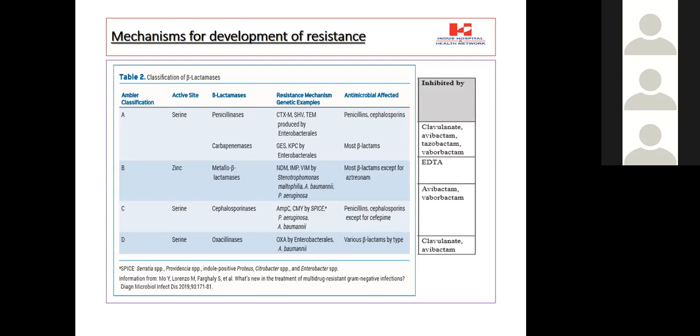Then we have the class D, is some resistance to some beta lactamase inhibitors itself also. यानी कि इसमें बीटा लैक्टमेज इनहिबिटर की जो कॉम्बिनेशन है उसके साथ भी रेजिस्टेंस होते हैं, like पिपेरसिलिन टेजोबैक्टम के साथ भी रेजिस्टेंस होते हैं। So globally, such kinds of resistance mechanisms can be detected by molecular methods from the microbiology, to detect what kind of genetic mode of resistance that bacteria is going to produce in the patient.